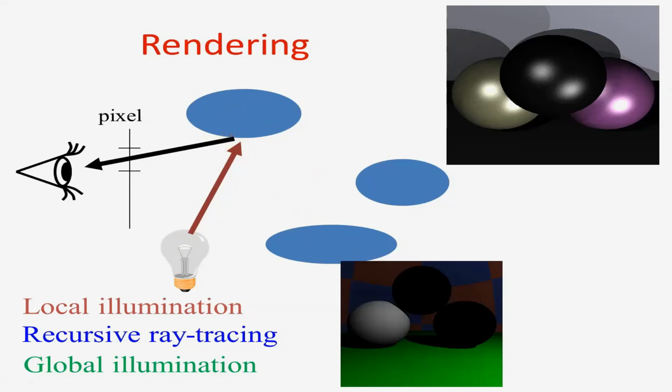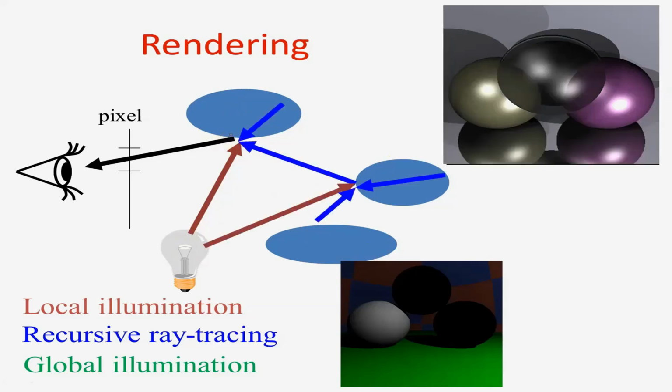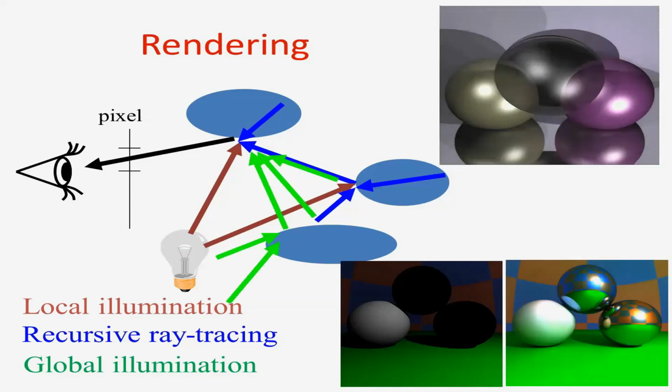In recursive ray tracing, indirect illumination is computed only for smooth surfaces and in the ideal reflection and refraction directions. In the global illumination model, indirect illumination is taken into account for rough surfaces as well.